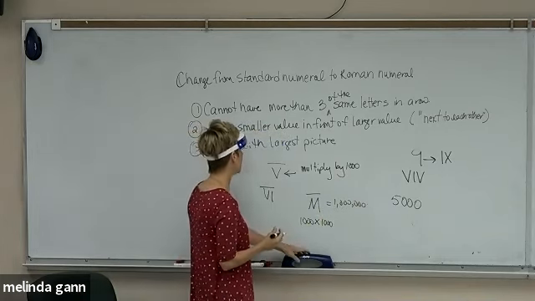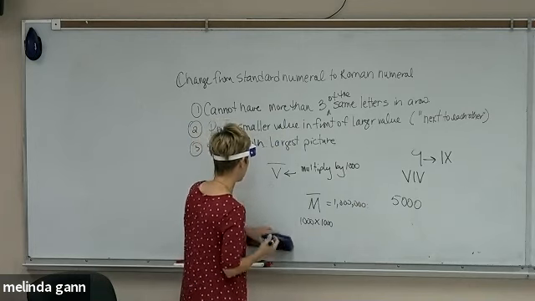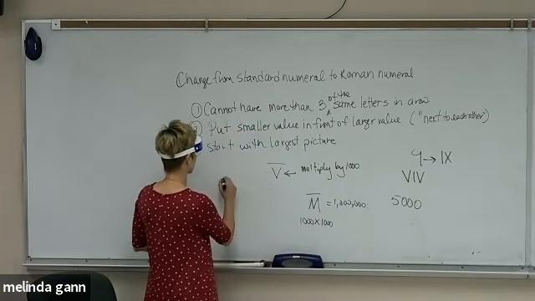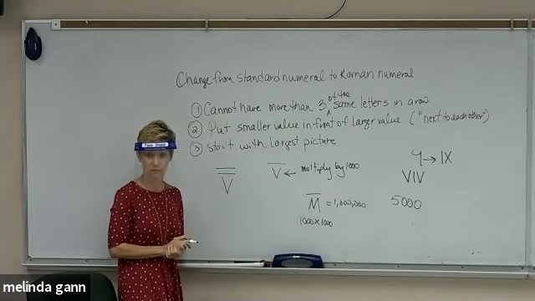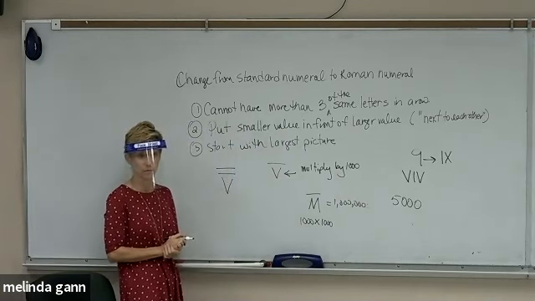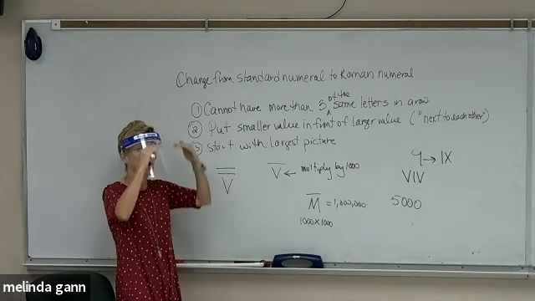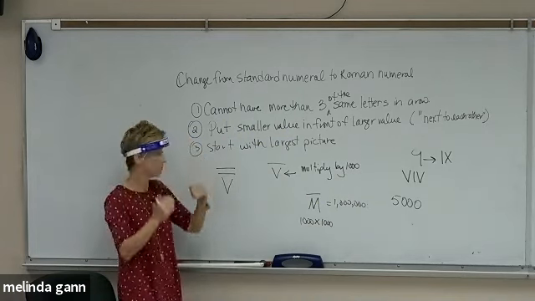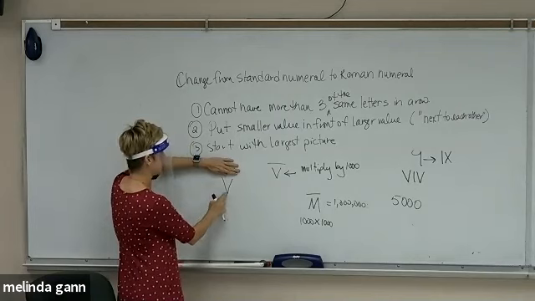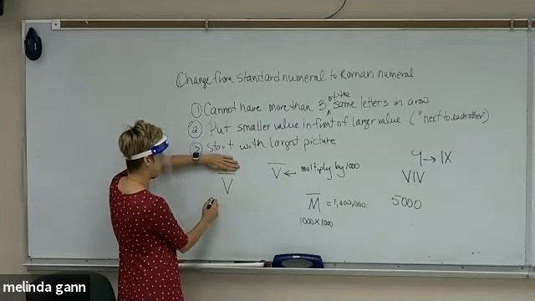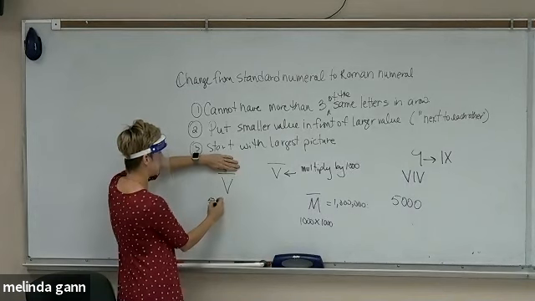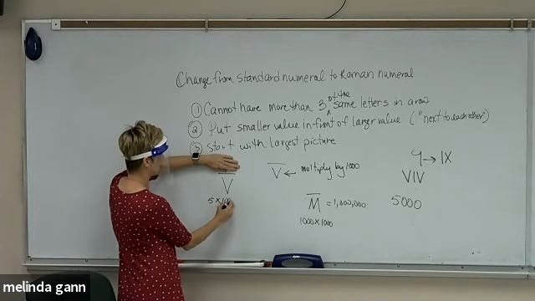Now, this is the one that freaks people out. They would do more than one bar sometimes. But you got to work your way up. Is everybody with me? What's that 5 stand for? I mean, that V stands for what? 5. What's that bar mean? Take that 5 and what? Multiply by what? 1,000.